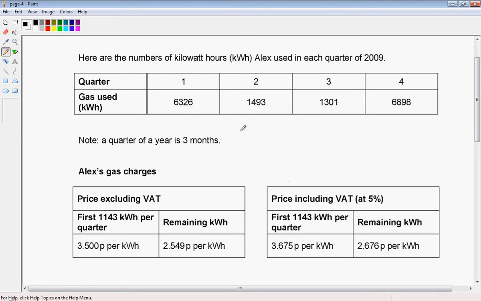So we can see that on his readings, quarter 1, 2, 3 and 4, all of the readings are more than this 1143. So we know he's going to pay £42 a month anyway. We just need to calculate out what the extra amount of money is going to have to pay.